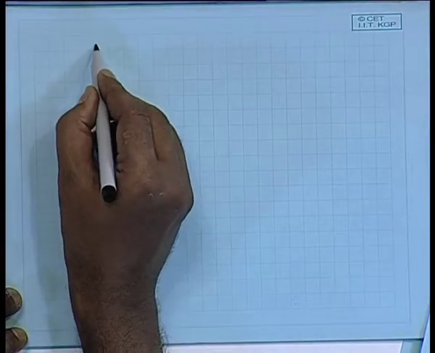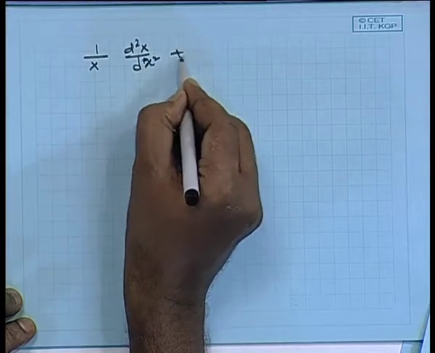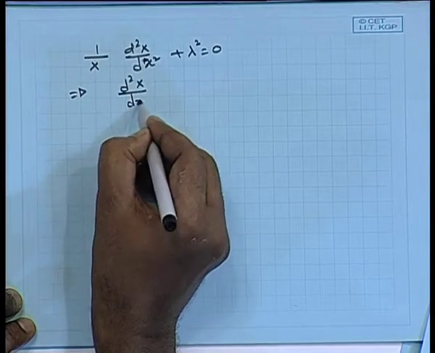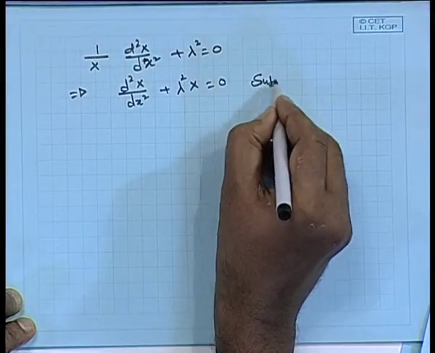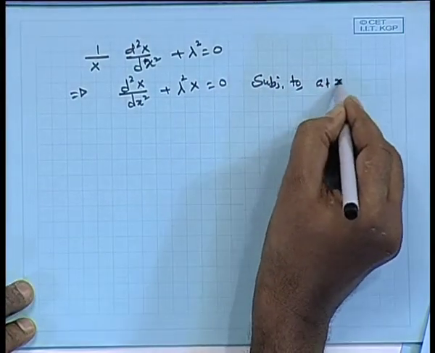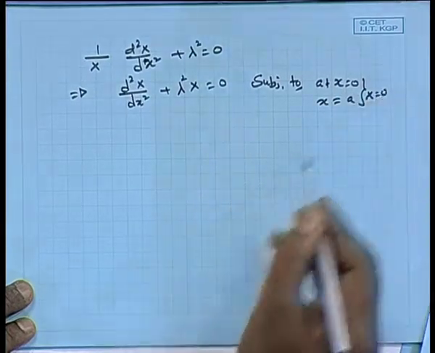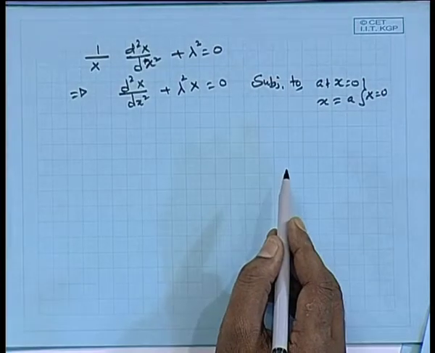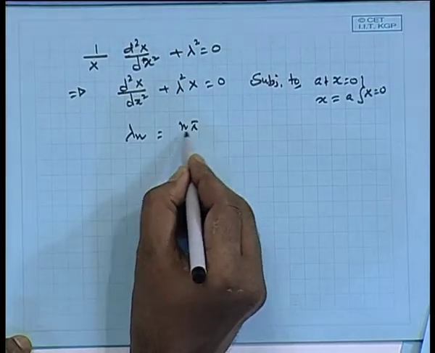Okay. So, let us look into that: 1 over X d²X/dx² plus lambda² is equal to 0. That means, d²X/dx² plus lambda² X is equal to 0, subject to, at x equal to 0 and at x equal to a, your capital X is equal to 0. Okay. So, these we have solved a number of times, and the solution is basically lambda n is n pi by a.